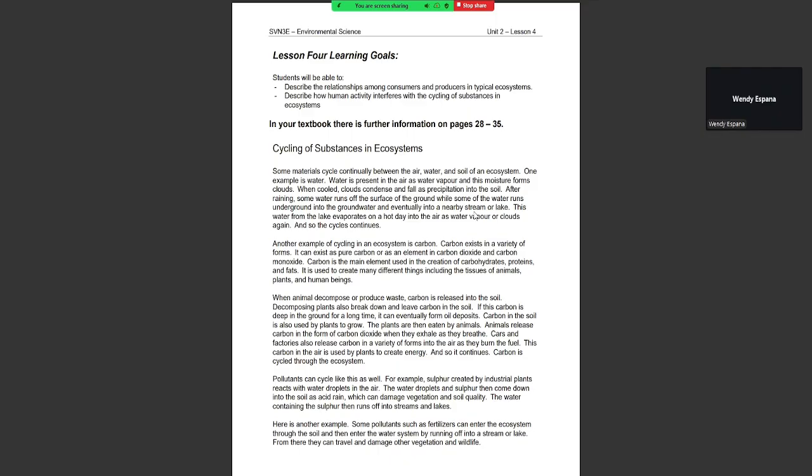We know that carbon can be released in the form of carbon dioxide or carbon monoxide when you have cars or factories burning fossil fuels, and that goes back into the air. Too much carbon is not good. So plants absorb carbon.